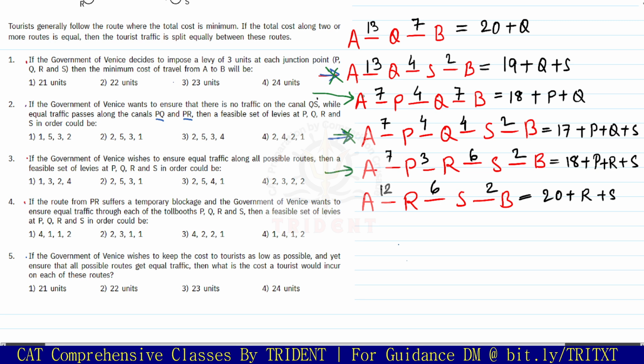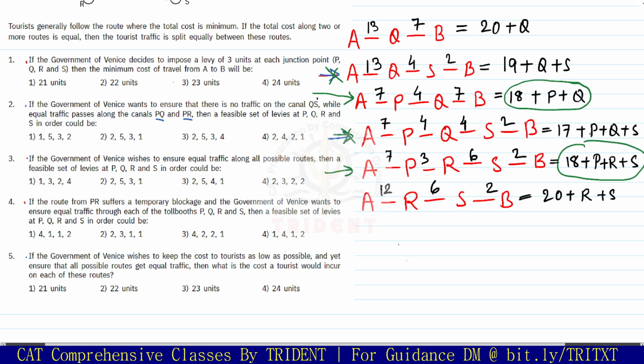Now you need to understand, the government is looking to make sure that equal traffic passes along the canals PQ and PR. How can they do that? They can do that only when the tariff is equal in these routes. So you have to first of all see, this one is one of the tariff components, and this is the other tariff component.